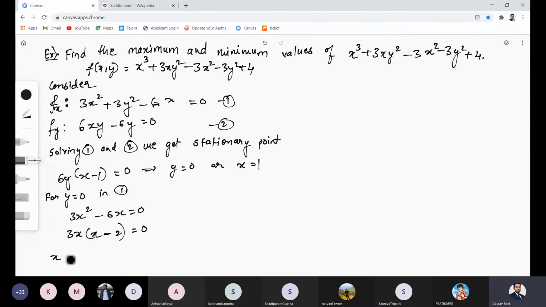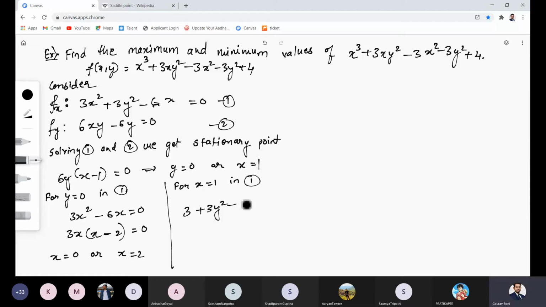So this gives x equal to 0 or x equal to 2. For x equal to 1, in equation 1, we get 3 plus 3y square minus 6 equal to 0, which means y square is equal to 1, so y equal to plus minus 1.